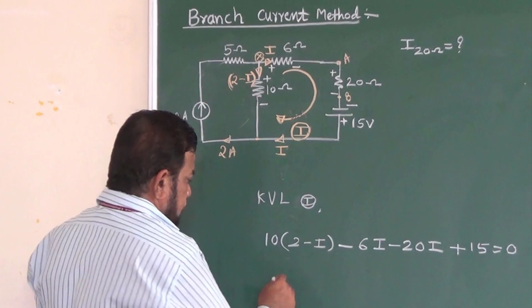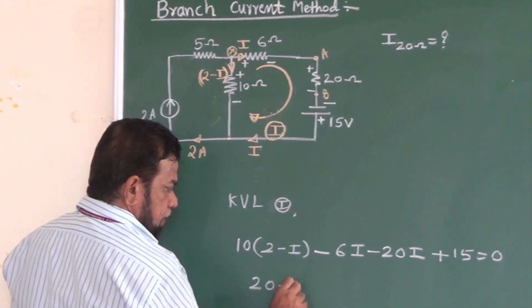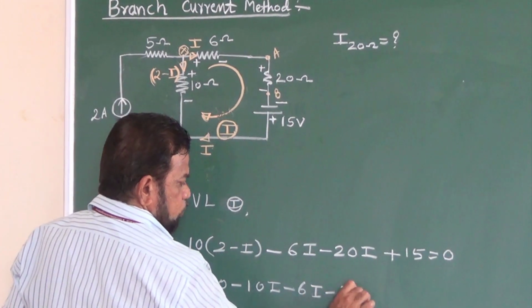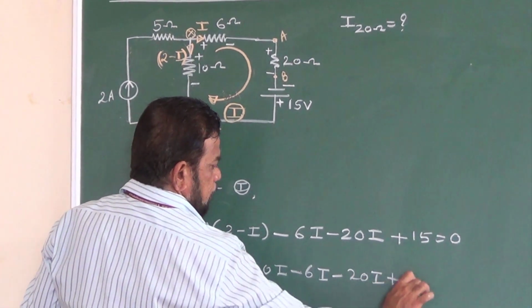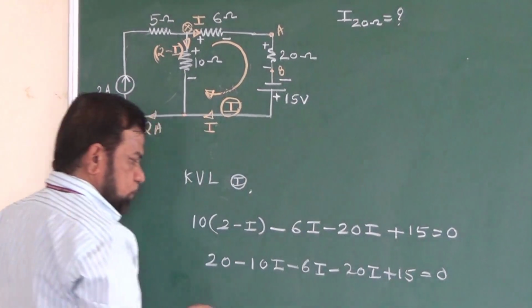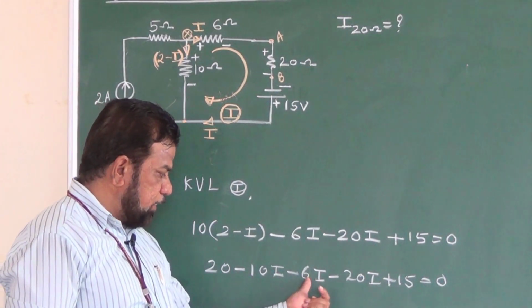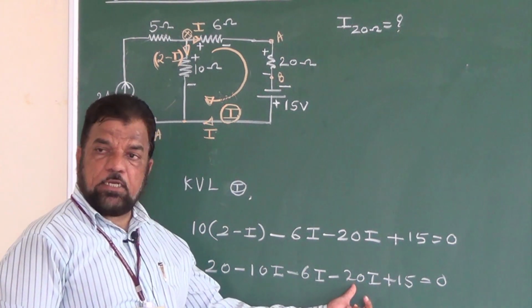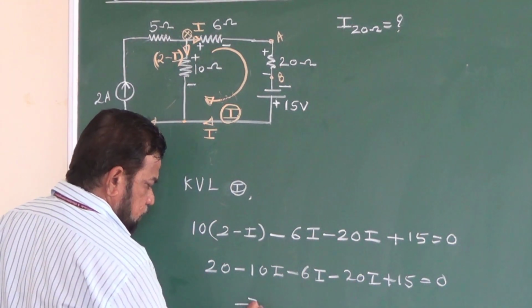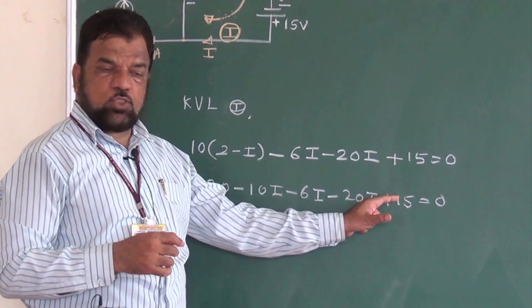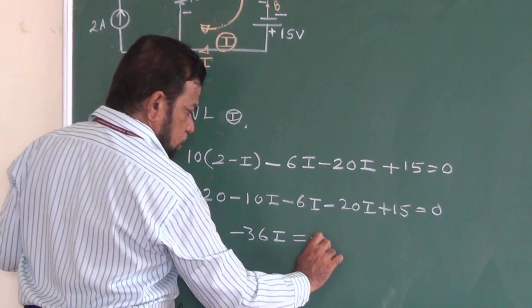Now, if we simplify this one, it is 20 minus 10I minus 6I minus 20I plus 15 equal to 0. So if I collect the terms containing I together, minus 10, minus 6, minus 16 and minus 20, so it's minus 36I. But this 20 and 15, that is 35, I will take that 35 on the right side.